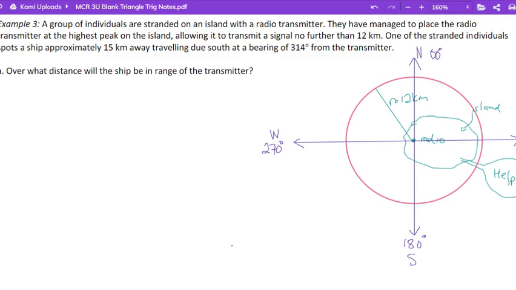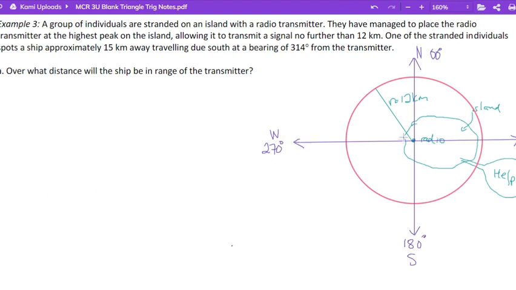So a review. Forget the due south for now. What we're told is the ship is at a bearing of 314. That means we start at 0 at north, and we go clockwise: 90, 180, 270, and then a little bit more to get to 314.